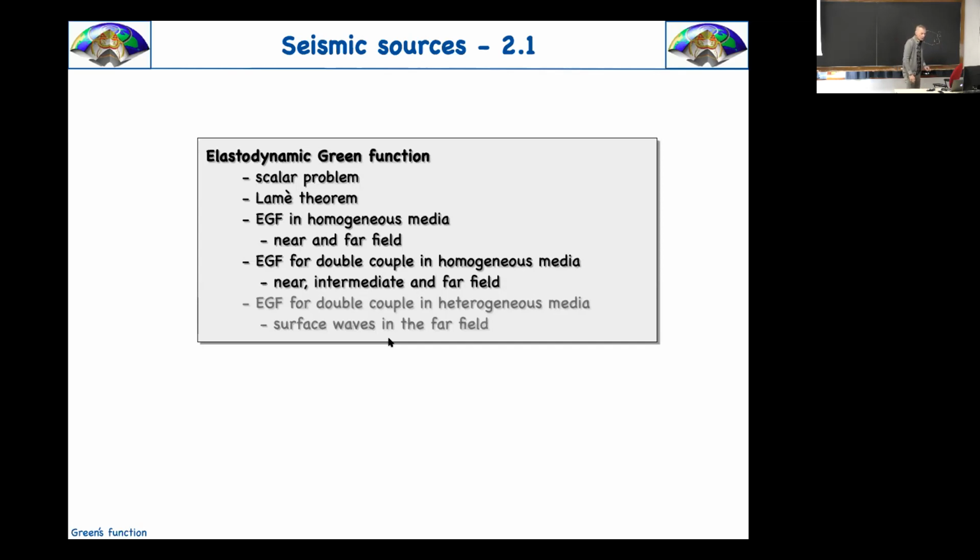It will be a double couple. So we will use the far source condition and the far field condition. This is what we're going to use to develop focal mechanisms. Okay? So this is the plan of the journey for today.